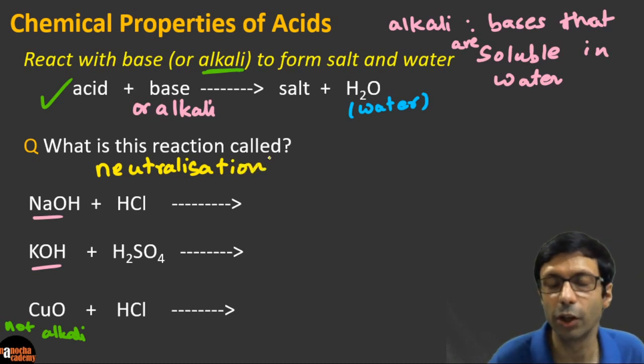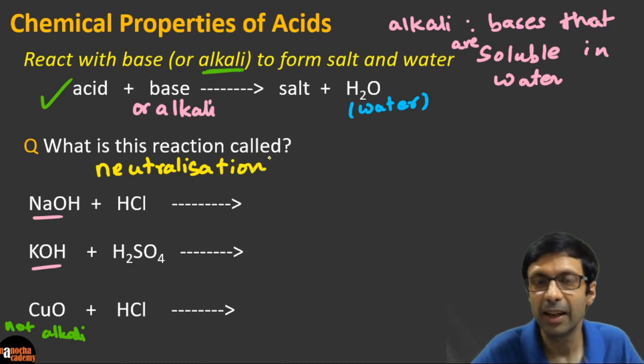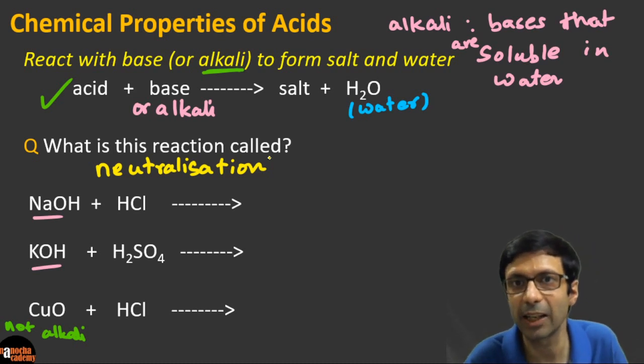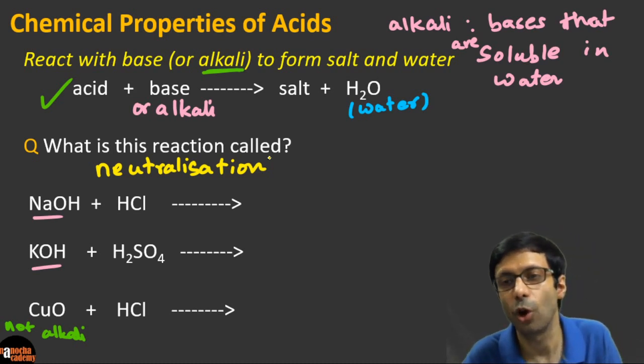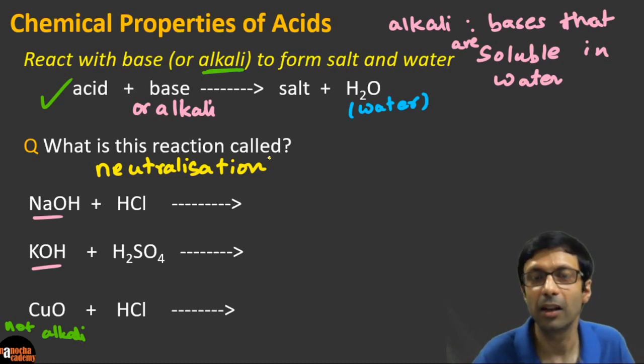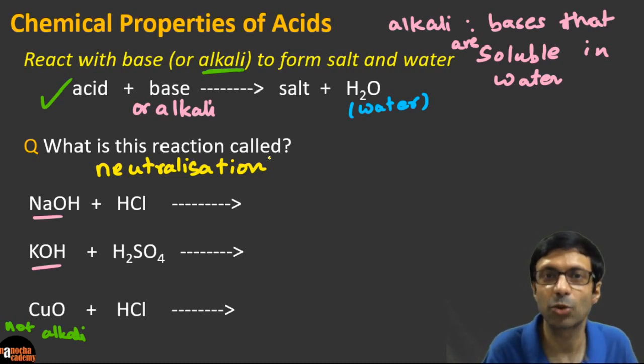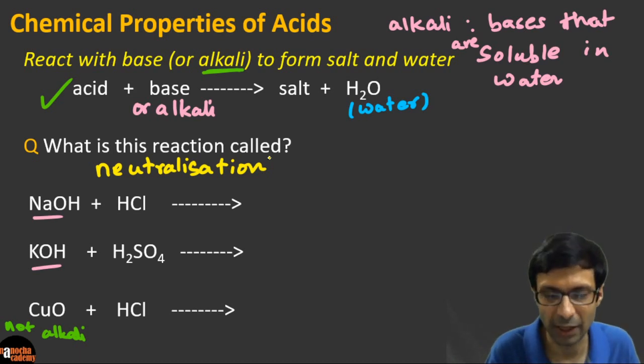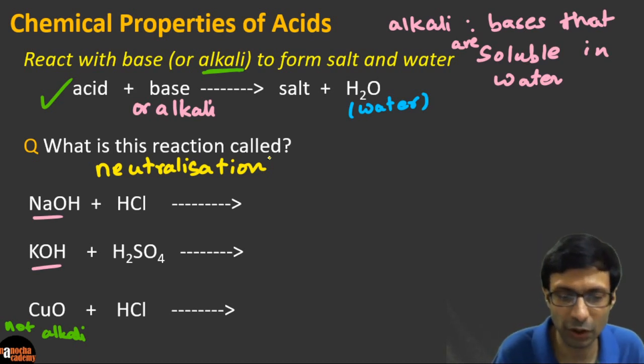It's called a neutralization reaction because the acid is reacting with the base to form salt and water. It's neutralizing the base, or the base is neutralizing the effect of the acid. That's why it's called a neutralization reaction, and it's a really important reaction in chemistry.